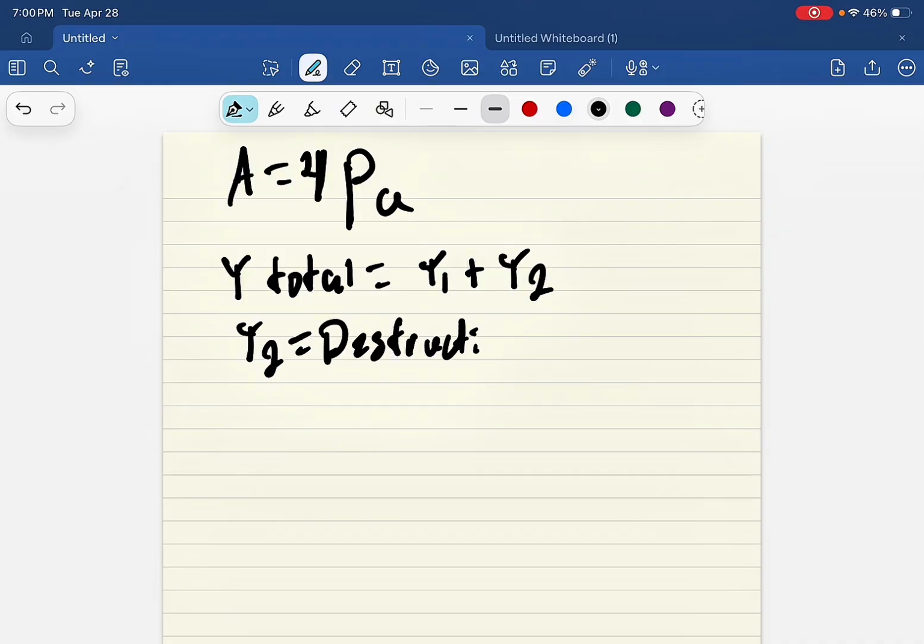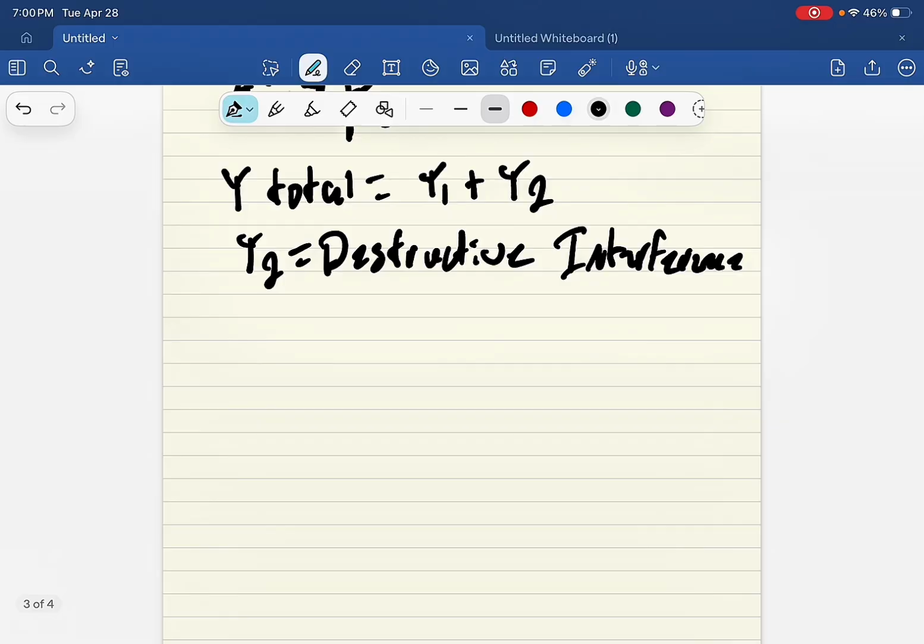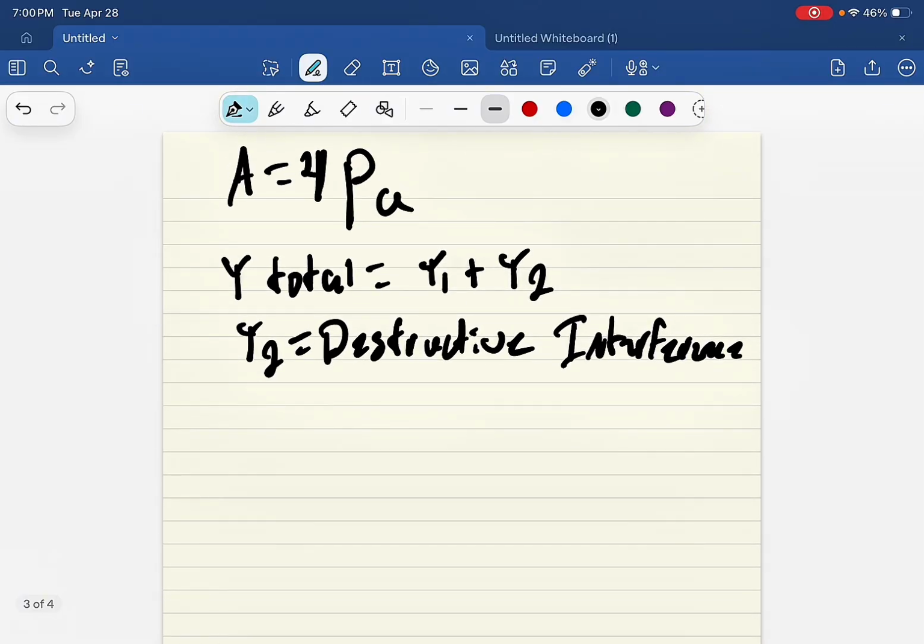Going through these steps, I love to write everything down because it keeps me organized and it shows all your work. So we have our destructive interference. So our y1 is equivalent to 0.235, and we need to know that our y total, when we're looking for destructive interference, must always be 0.